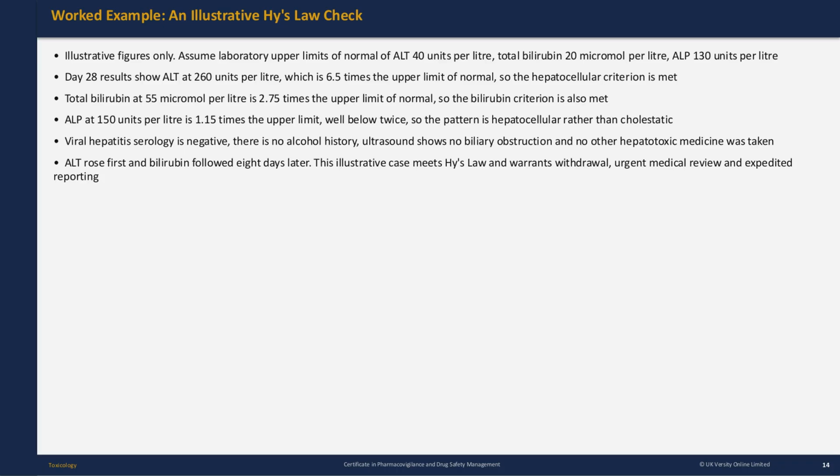Total bilirubin at 55 micromole per litre is 2.75 times the upper limit of normal, so the bilirubin criterion is also met. ALP at 150 units per litre is 1.15 times the upper limit, well below twice, so the pattern is hepatocellular rather than cholestatic.